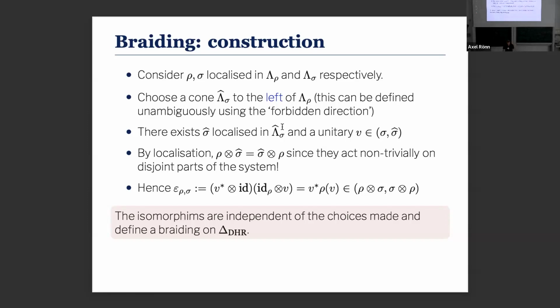Right, I think that's much more clear in the picture. But by properties of the category, I can find a sigma hat that's localized in this lambda hat that's unitarily equivalent to our sigma. So what it does is I have my sigma here, and I'm going to move it.